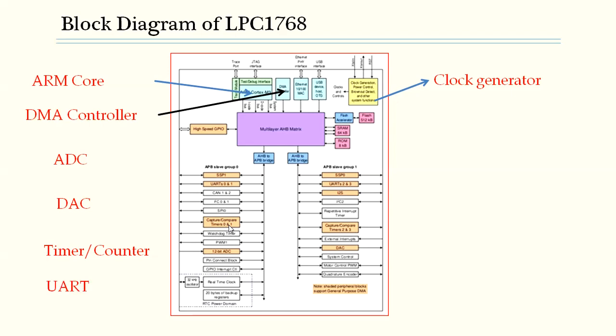The next block is the UART, which is the serial communication interface. UART stands for Universal Asynchronous Receiver and Transmitter. So any data that has to be transmitted or received serially can be done using the UART.